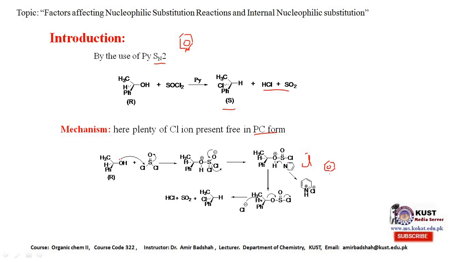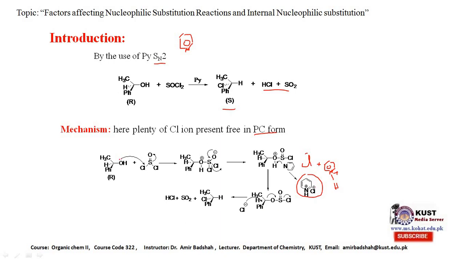This is negative, a positive charge will appear on it, and it will form a pyridinium ion, and then this pyridinium ion reacts with the chloride ion and forms PC, which is also called pyridinium chloride. Along with this pyridinium chloride, this species is also obtained.